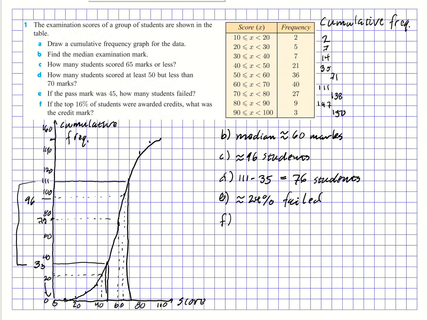For F, we want the top 16%. So 0.16 times the number of students, which is 24. So we want the top 24 students, which means we're looking at student number 126 and above. So we go over here, 100, 120, there's our 126.